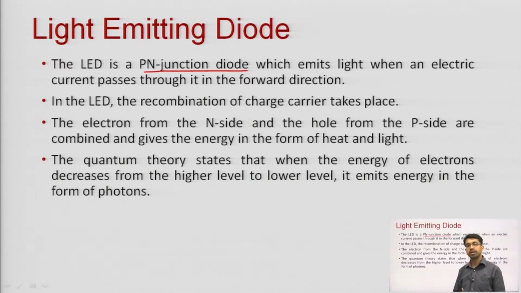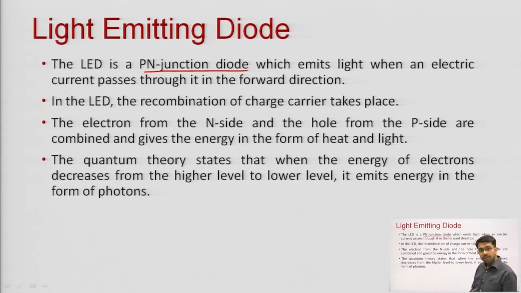In diodes, when we forward bias, electric current passes through. If we use some special purpose materials, then when this current flows, we get photons of different colors and we get light, and so we call it light emitting diode.